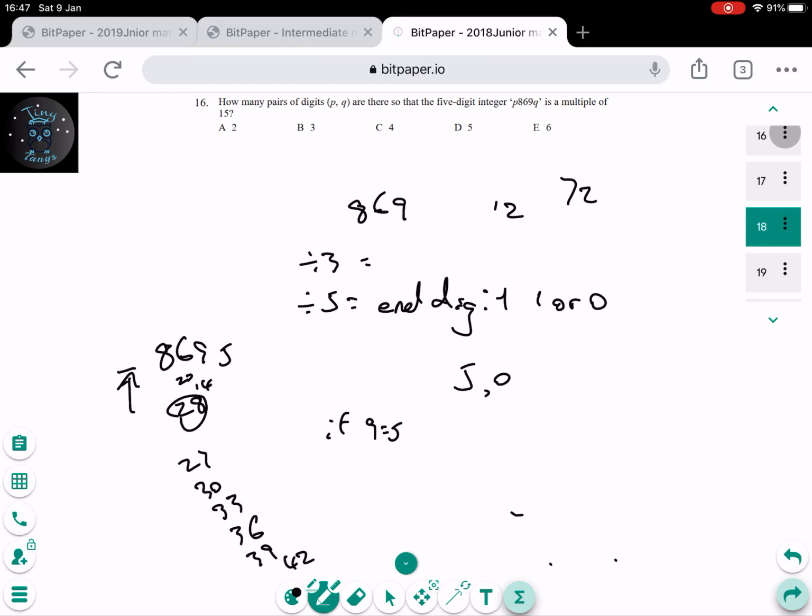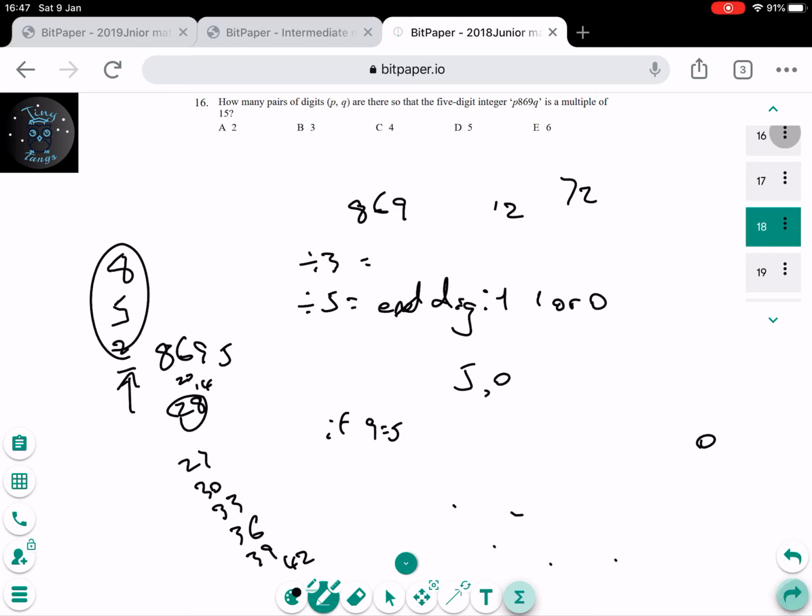And also 27, 28. So 30 is possible, so 2. 33 is possible, so that's 5. And 36, that would be 8. 39 wouldn't be possible because that would be 11. So only 3 for 5 at the end.